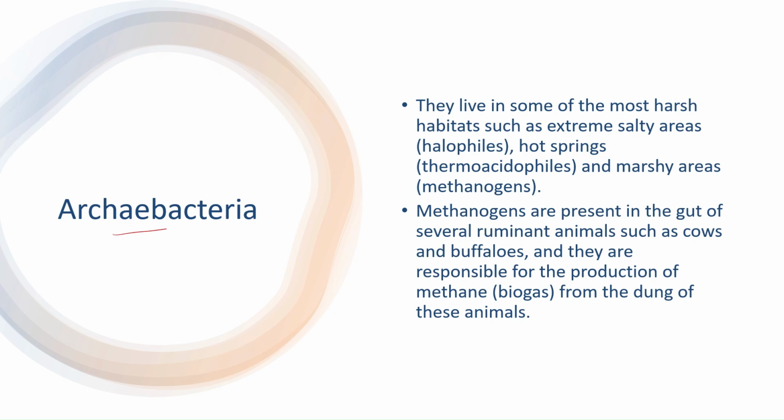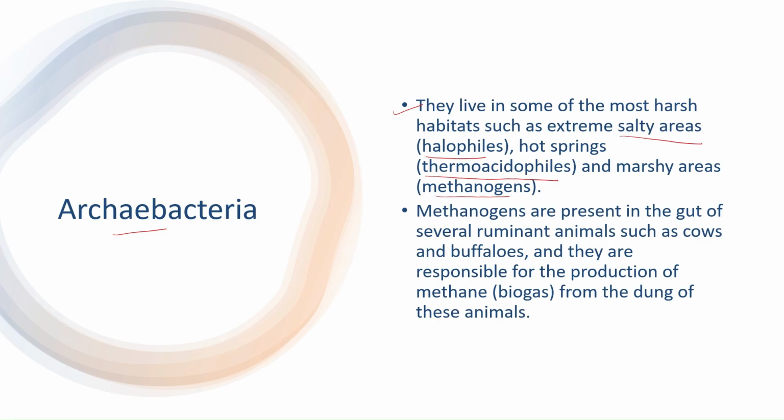Let's see Archaebacteria first. They live in some of the most harsh habitats, such as extremely salty areas. Those bacteria present in salty areas are called halophiles, those present in hot water or hot springs are called thermoacidophiles, and those present in marshy areas are called methanogens.